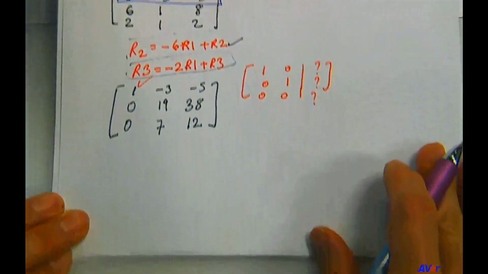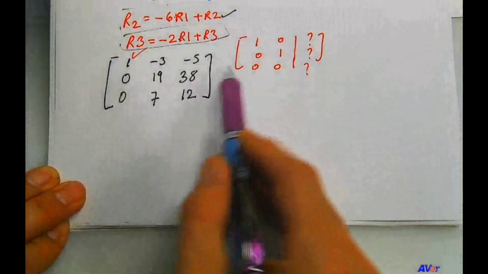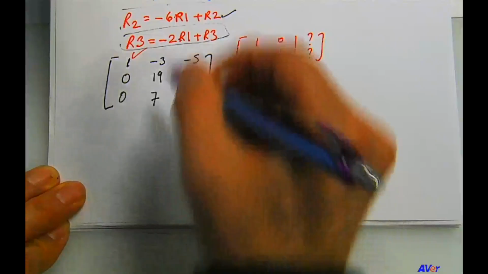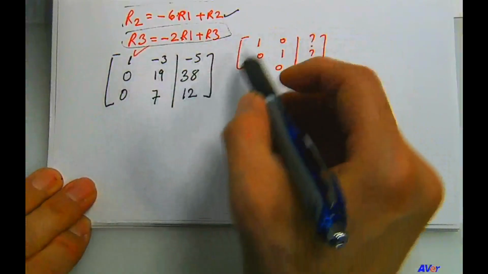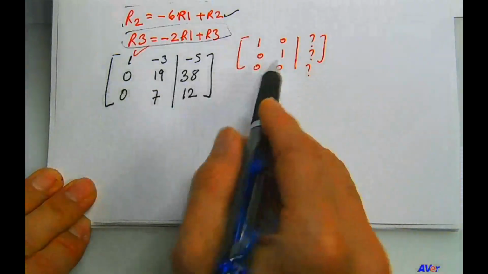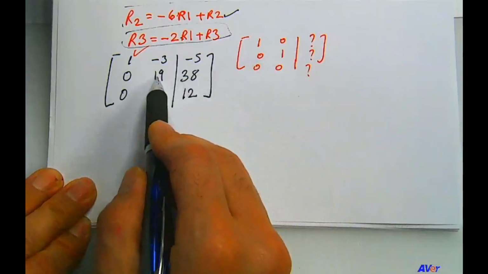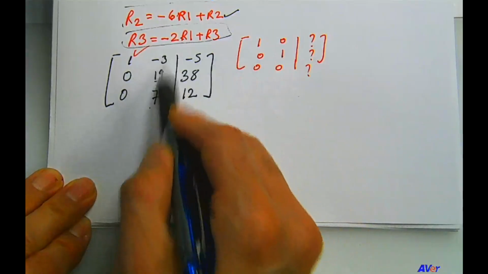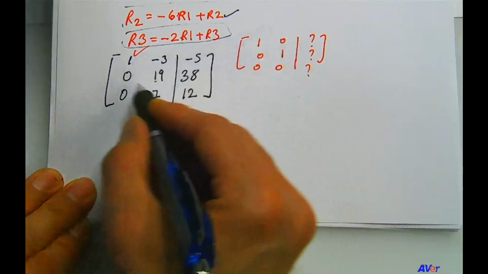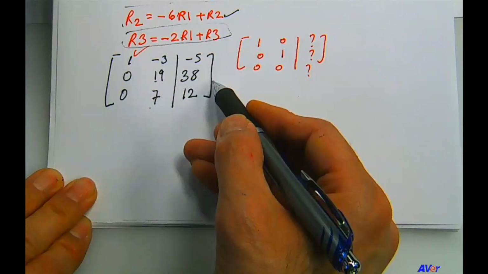Okay. So now, in the second column, and by the way, this is the vertical. In the second column, the first number to obtain is convert 19 to 1. Then we're going to worry about what to do with the -3 and 7. How are we going to convert 19 to 1?